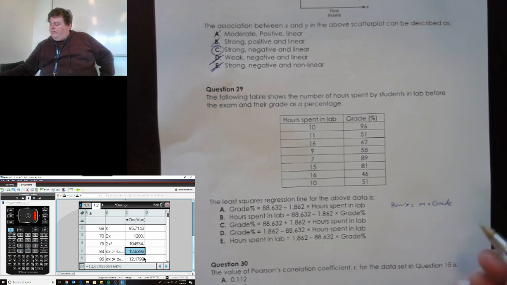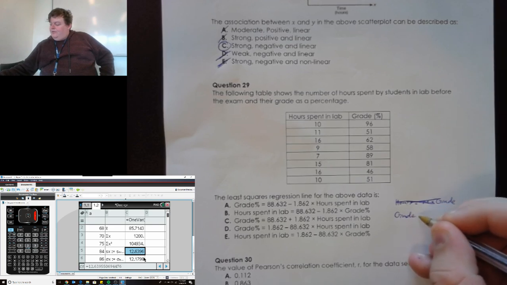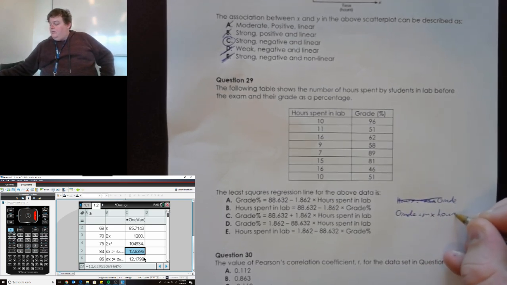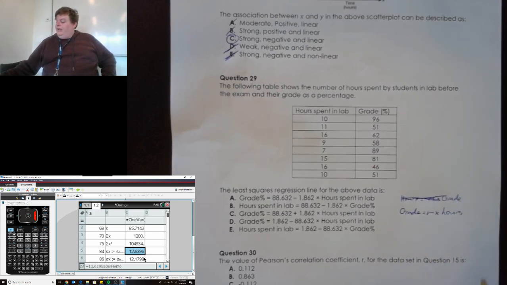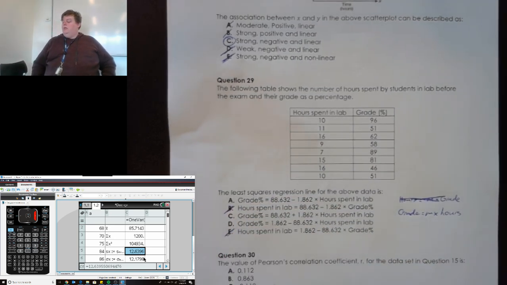No, other way around. Grade equals m times hours. That makes sense because hours explains the grade. So in that case, we know that it's not B and it's not E. We just have to figure out which one of these it actually is.